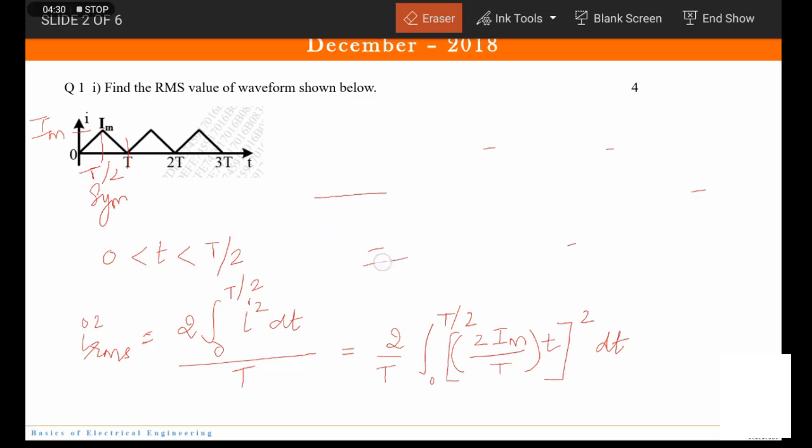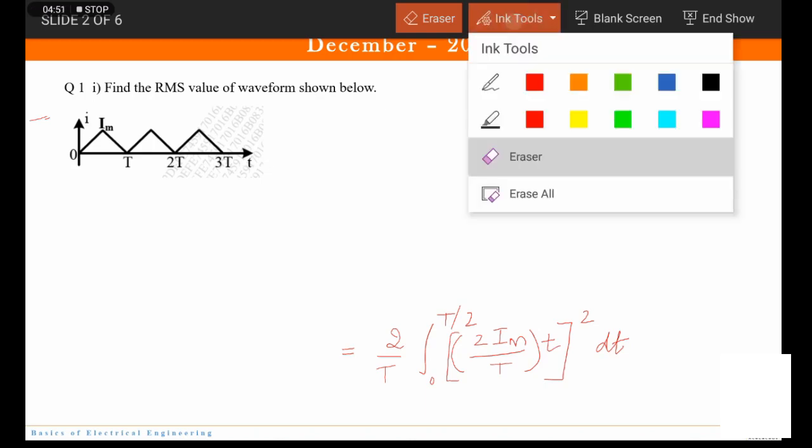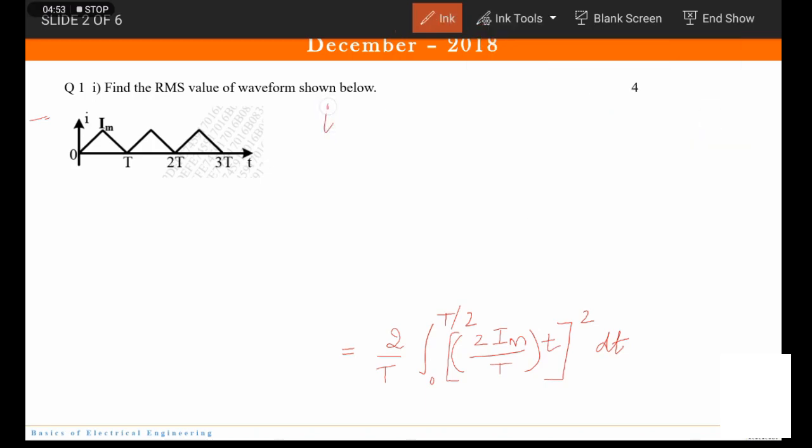After squaring the equation, since we require this part, I am not erasing it. Now what will be I square RMS? I square RMS will be 2 by T.